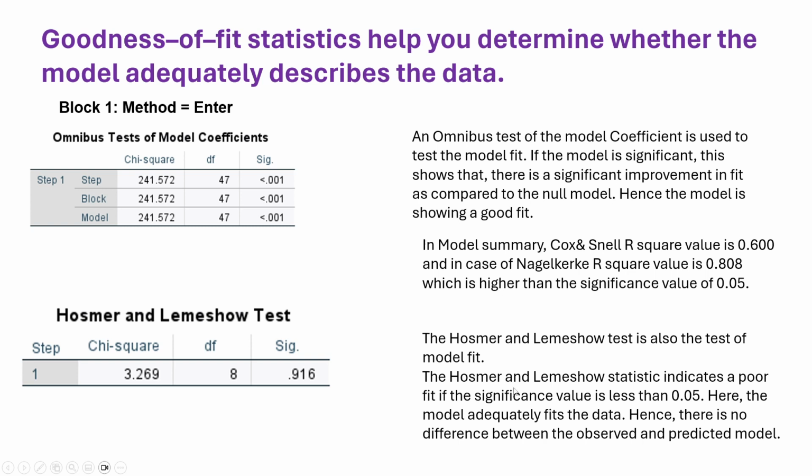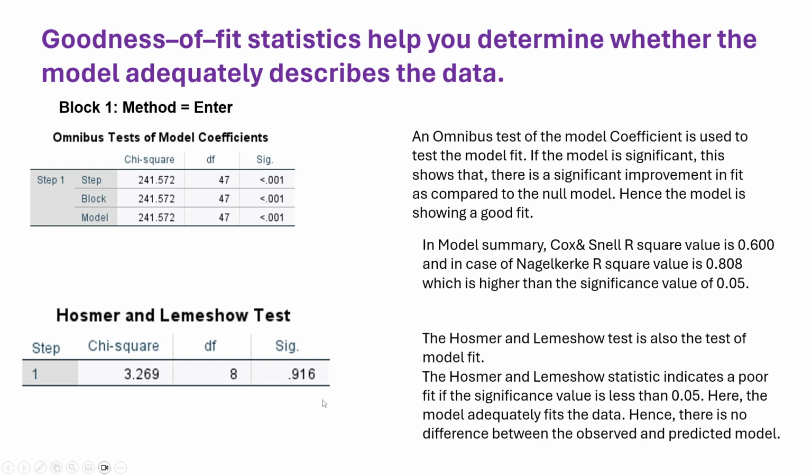The Hosmer and Lemeshow statistic indicates a poor fit if the significance value is less than 0.05. Here the model adequately fits the data, hence there is no difference between the observed and predicted model. The significance value you see is 0.914, which is higher than 0.05.